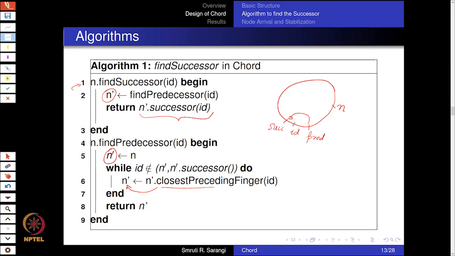So I just keep getting closer and closer. So maybe this is his closest preceding finger. Again I get closer, closer, closer and closer. Ultimately this condition will hold, and that's when I know that I am done. So I'll return the value of n dash, which is the predecessor, and the predecessor's successor is what I am after.